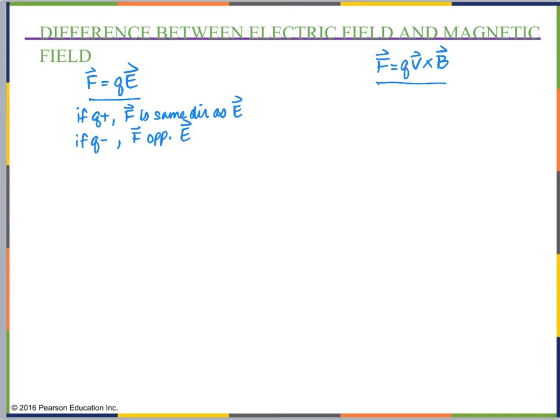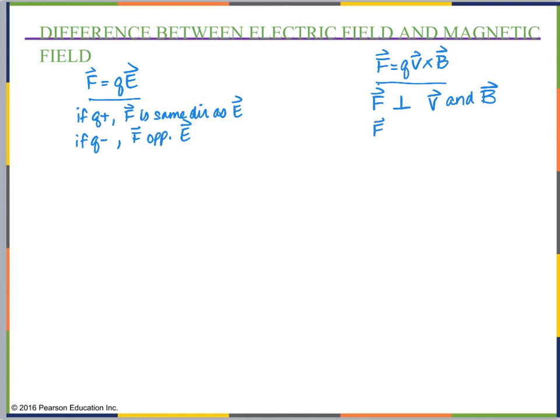You might have seen it last semester when you talked about torque. That was a good example of where you used the cross product before. If you remember the properties of a cross product, the force is actually perpendicular to both the velocity of the particle and the magnetic field. So now that's a little bit different.